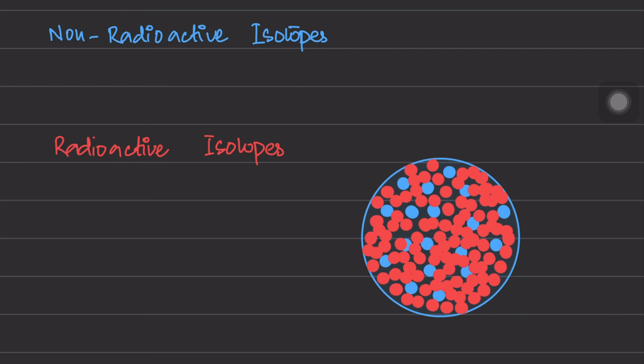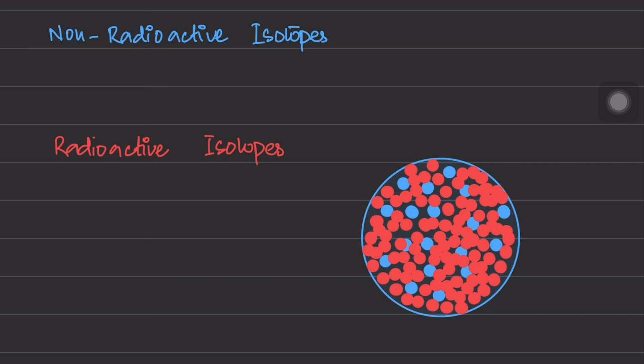As soon as those guys are kicked out, there's more room, there's more space. So it's going to be more convenient for you to be there. That's what we mean by non-radioactive and radioactive isotopes. Non-radioactive isotopes are the ones where the number of protons is smaller.